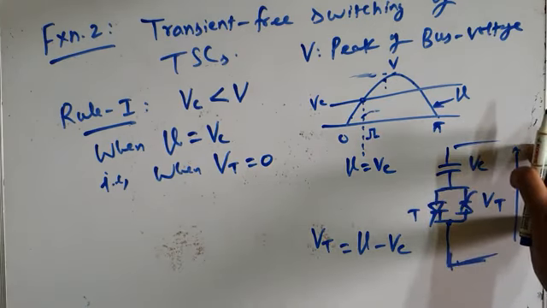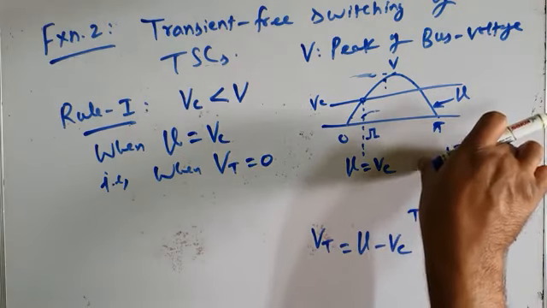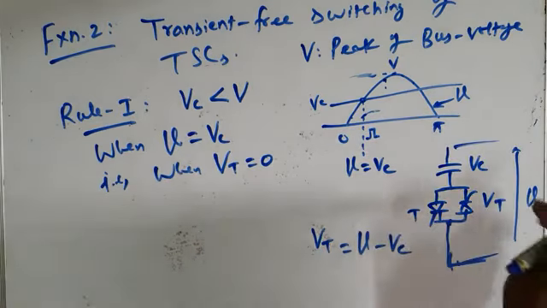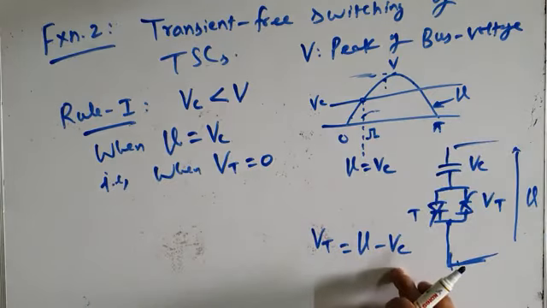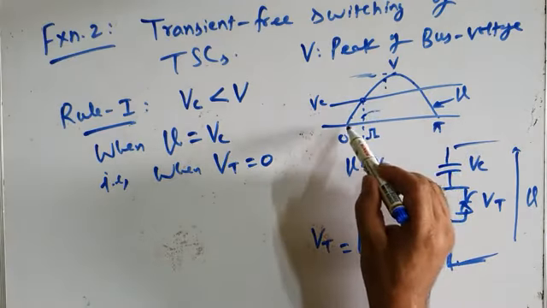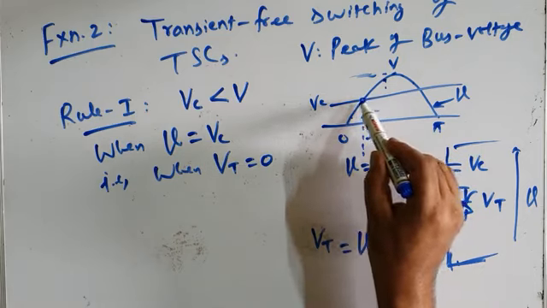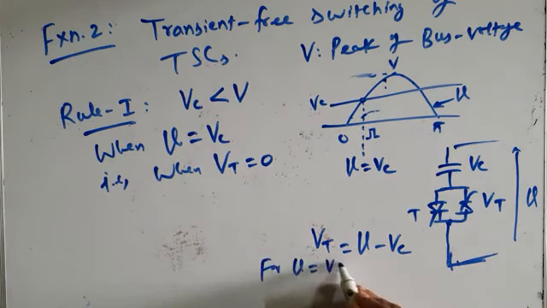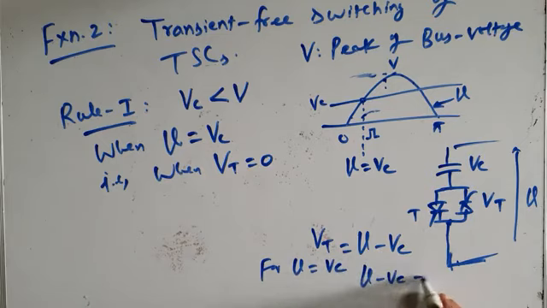The total applied voltage is V, out of which the voltage across the capacitor is VC, and the voltage across the thyristor valve is VT, which is equal to V minus VC. At the instant when the instantaneous value of applied voltage is exactly equal to VC, V minus VC is equal to 0. That means the voltage across the thyristor valve will be exactly equal to 0.